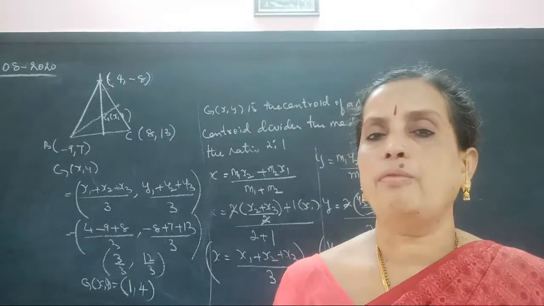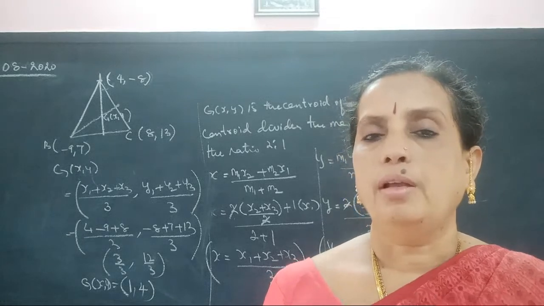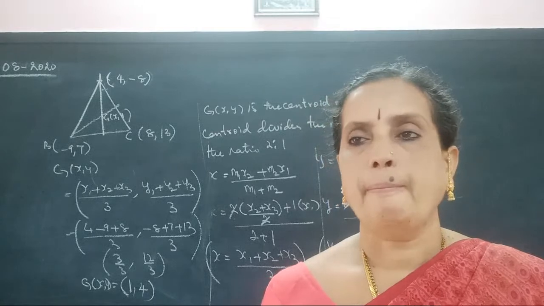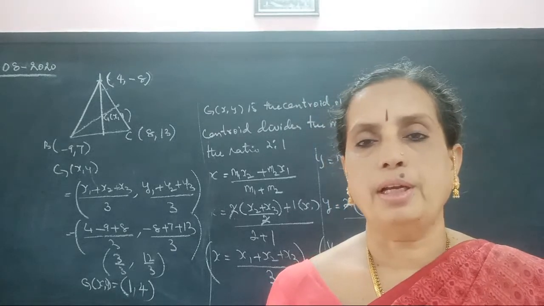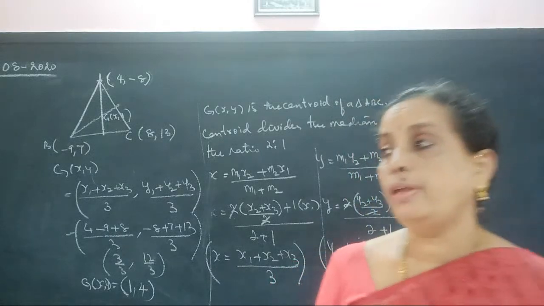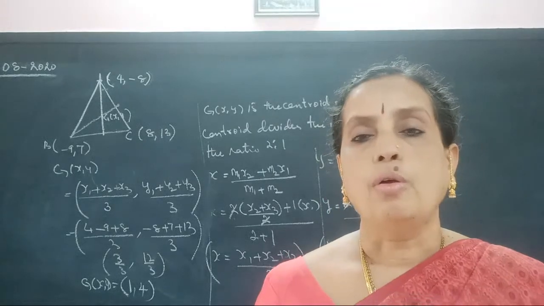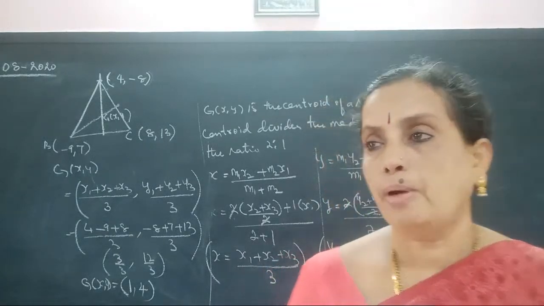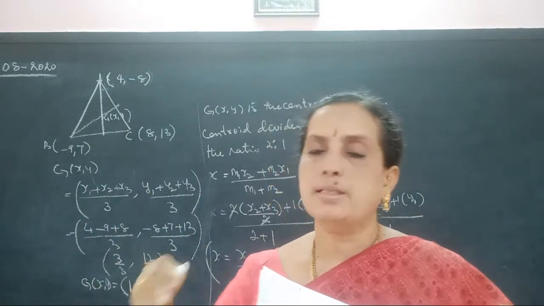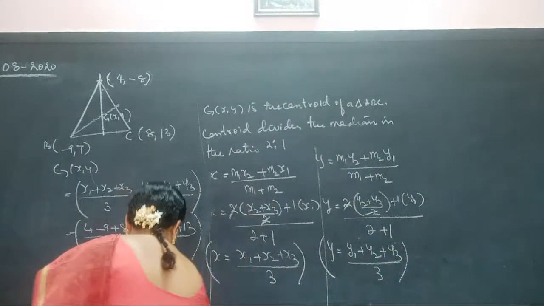Perpendicular distance from the y-axis is the abscissa. The y-axis is different, the y-coordinate is different. Ordinate or y-coordinate, abscissa or x-coordinate. So we always mention ordinate and abscissa with respect to perpendicular distance. Perpendicular distance from the y-axis is the x-coordinate, from the x-axis is the y-coordinate. That is abscissa and ordinate.